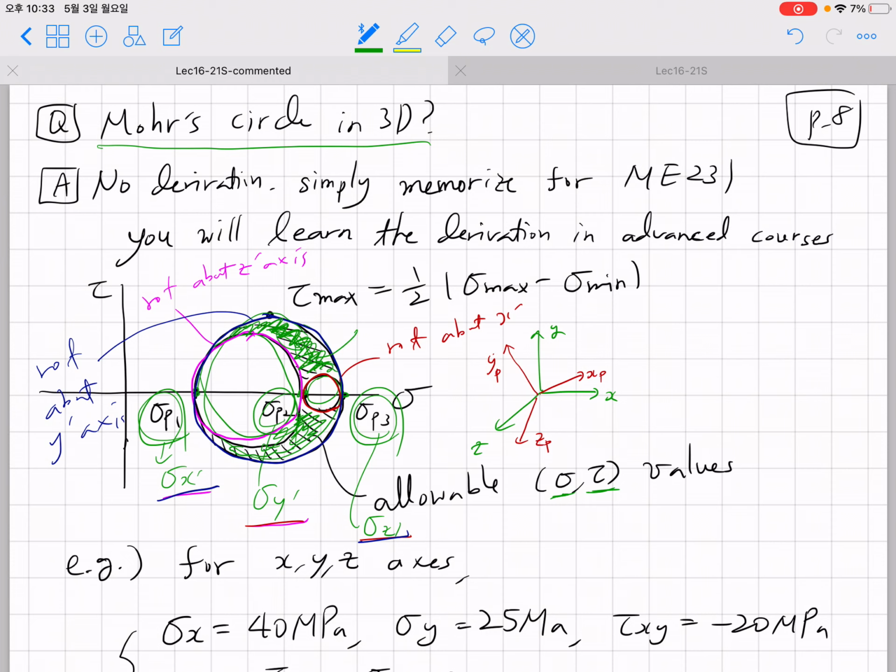What you can realize is there are three principal stresses, and the maximum shear stress can be different from the maximum stress you found from principal stress. So possibly you may work on this region. If so, the 2D Mohr circle does not give you full information; only after completing the 3D Mohr circle can you have complete information on maximum shear stress.